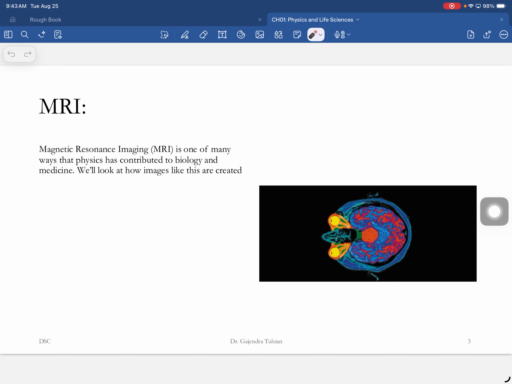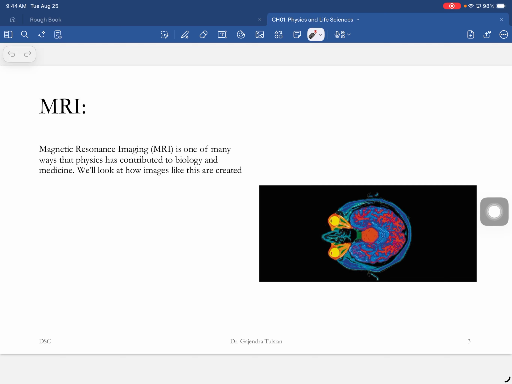So, we'll start off with an MRI machine. Here's the image of a head, a slice of an image of the head. What does MRI stand for? It says magnetic resonance imaging. How many of you have had an MRI here?